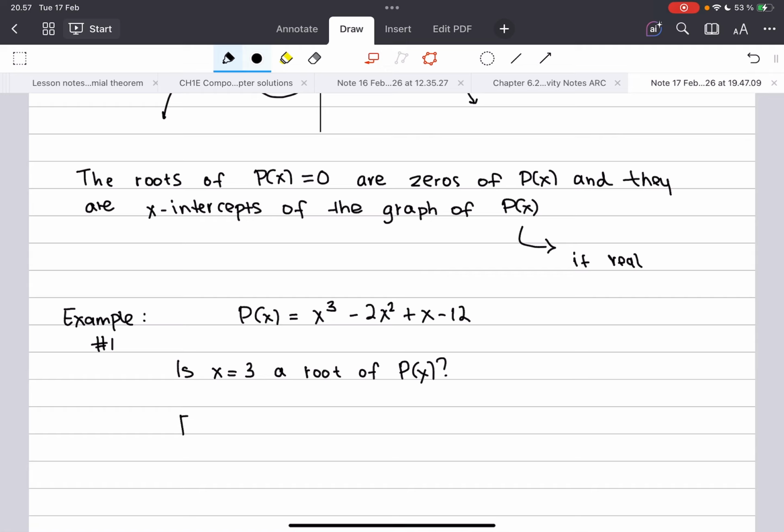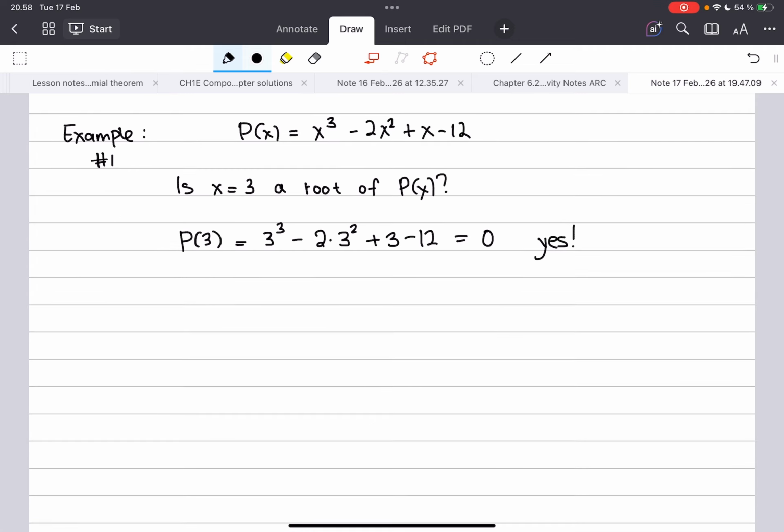Well, let's see. So p of 3 is 3 cubed minus 2 times 3 squared plus 3 minus 12. Well, guess what? If you do the calculation, you will get 0. So you say yes, x equals 3 is a root of p of x. If you don't believe me, you can do the calculation yourself.